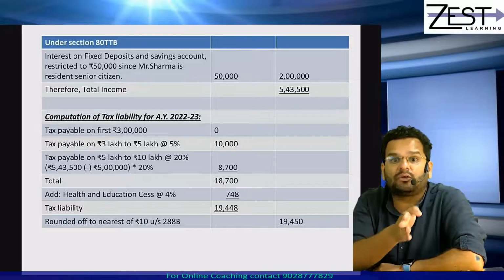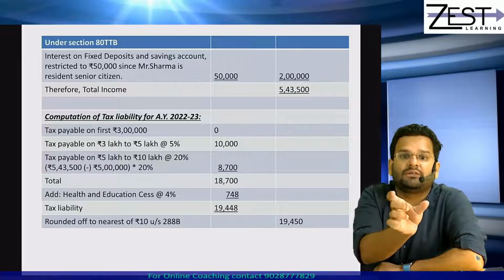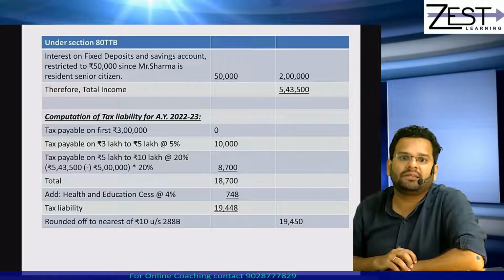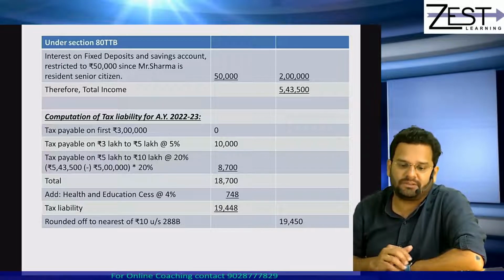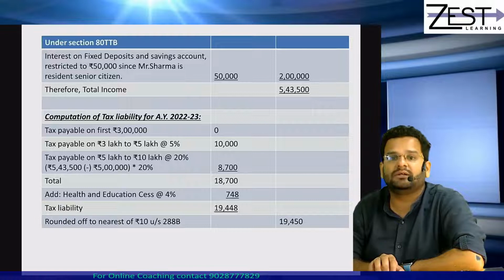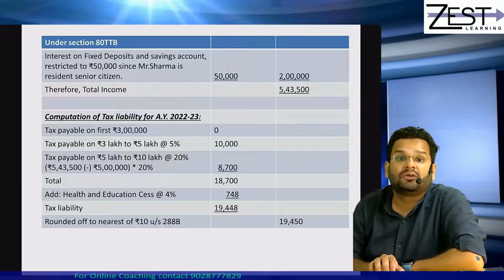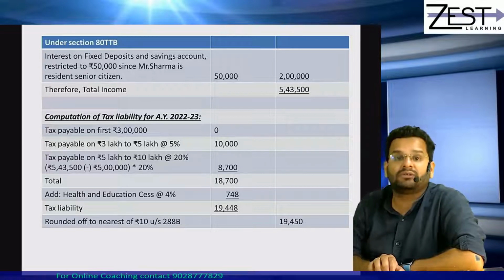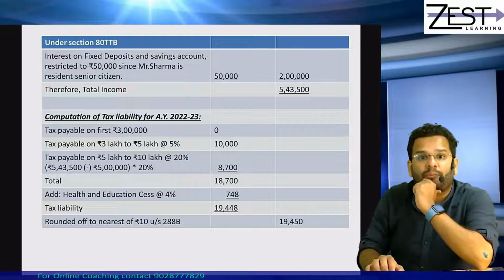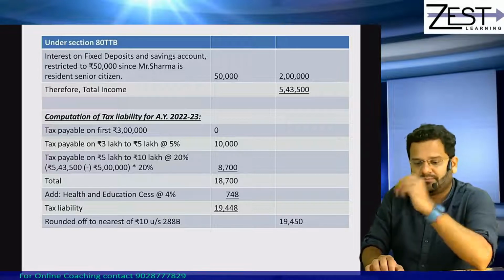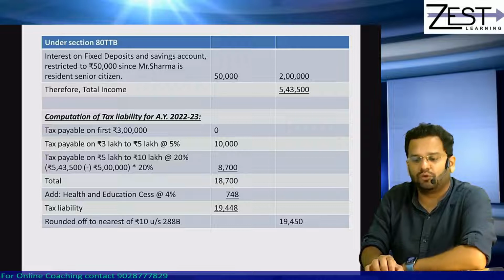Then 5 lakh to 10 lakh you have 43,500. On that calculate at 20%. You will get 8,700. Total now 18,700. Calculate 4% health and education cess: 19,448.